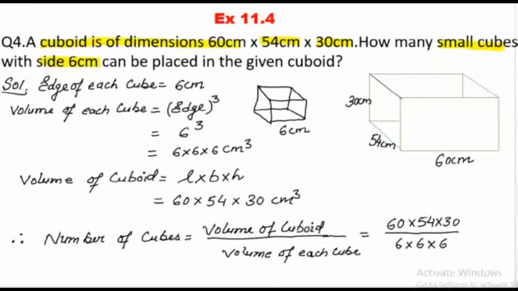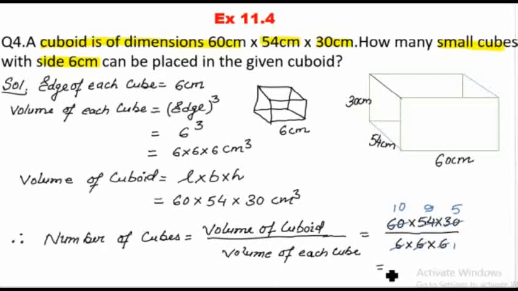So by table of 6 we can cancel it. 6 5 times, 6 9 times, 6 10 times.